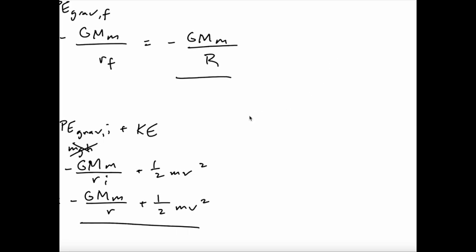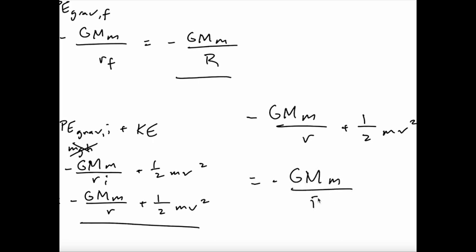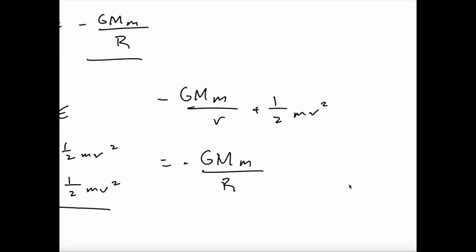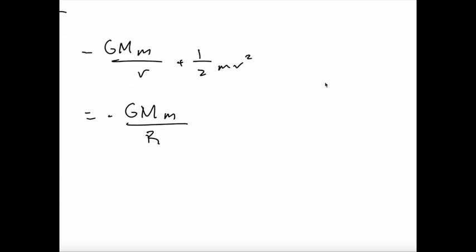So then we have negative G M M over R plus half mv squared equals negative G M M over R, right? Now, let's say that R is way bigger than little r, right?